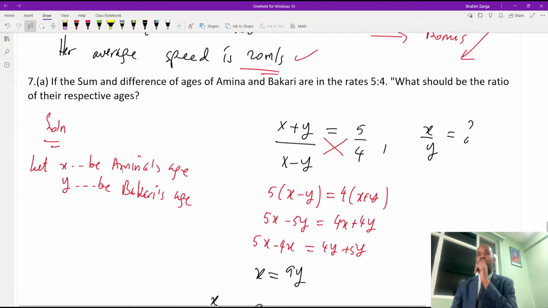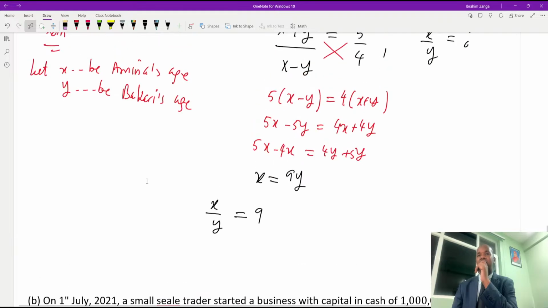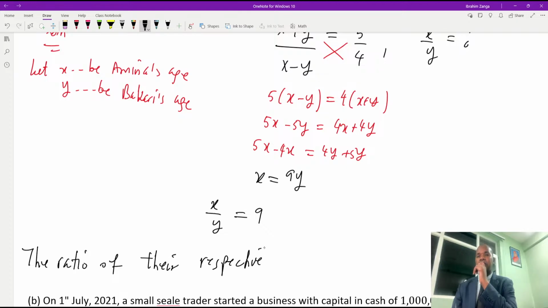So according to the question, what should be the ratio of their respective ages? We're going to say that the ratio of their respective ages is 9, dear students.